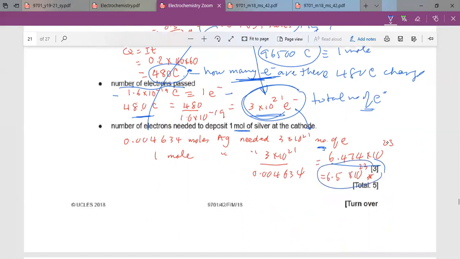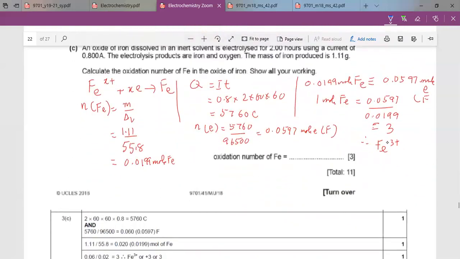This is Avogadro's number, isn't it? Because Avogadro's number is one mole. So 1 mole of silver requires this number of electrons, which is actually Avogadro's number. So the answer is here.